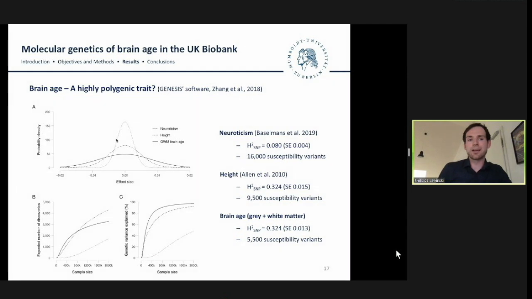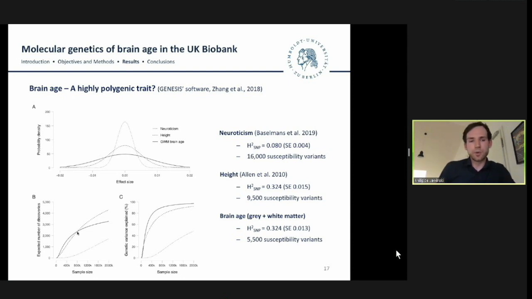And you can see that there is a relatively large number of variants with small effect sizes. For height, there is a relatively larger amount of variance with larger effect sizes. And interestingly, for brain age, there are even flatter tails here, indicating that there is a relatively large number of genetic variants with large effect sizes.